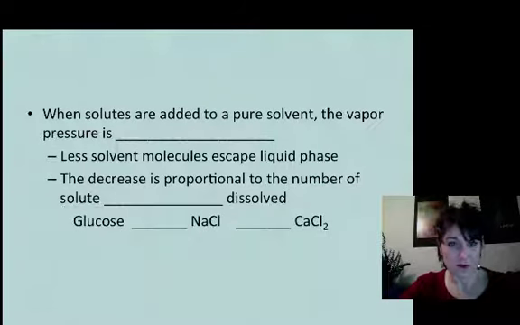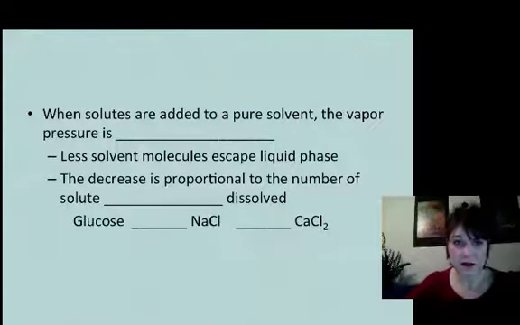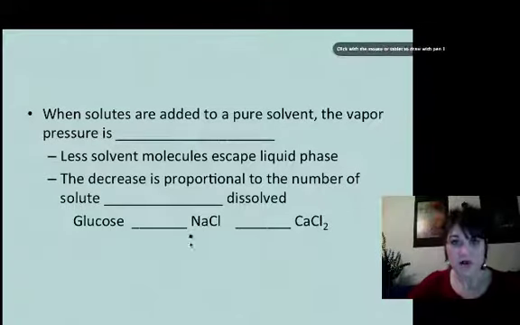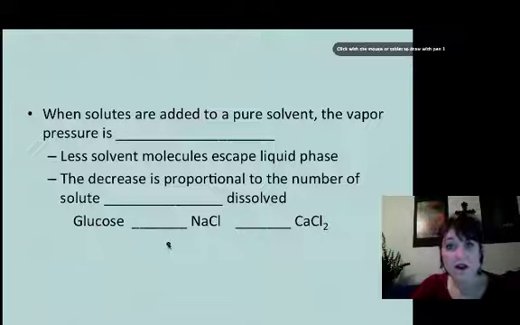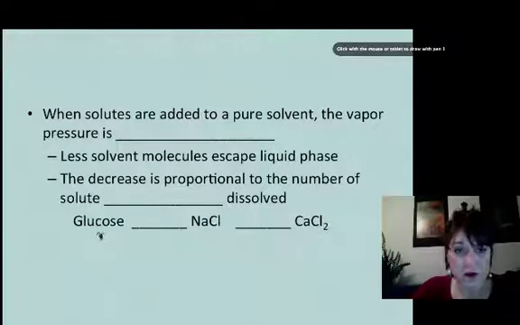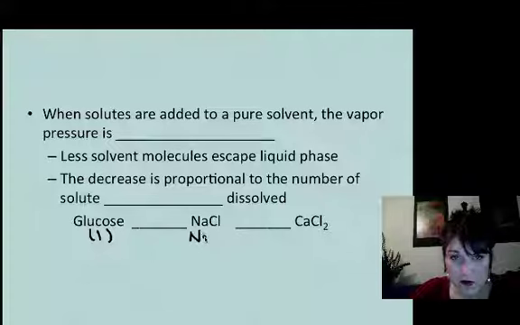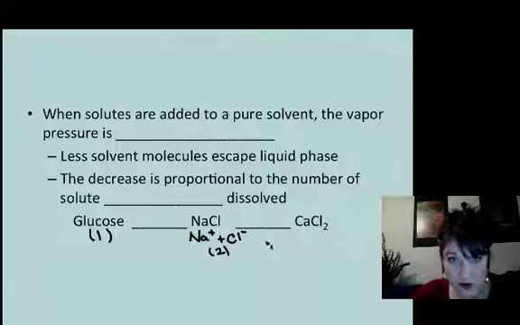So let's rank these. Out of these three, glucose, salt, and calcium chloride, which of them is going to have the greatest effect on vapor pressure? Let's evaluate this. When glucose dissolves, it dissolves as a molecule, so we get only one particle here. But when sodium chloride dissolves, it's going to break apart into a sodium particle and a chloride particle. So that's two particles in solution.